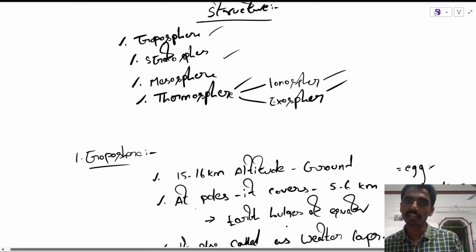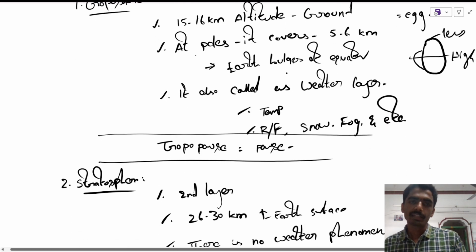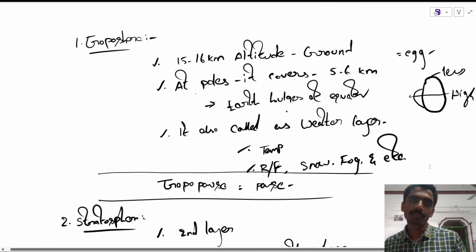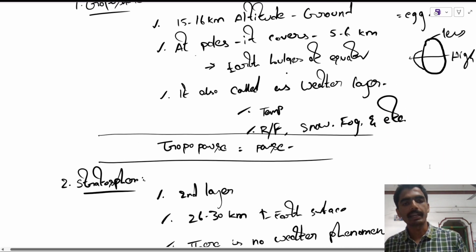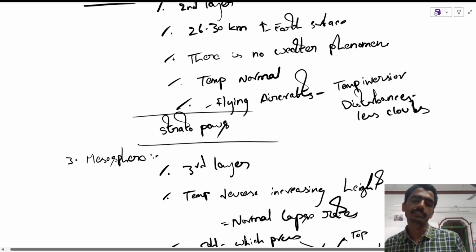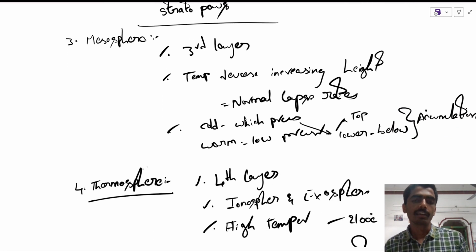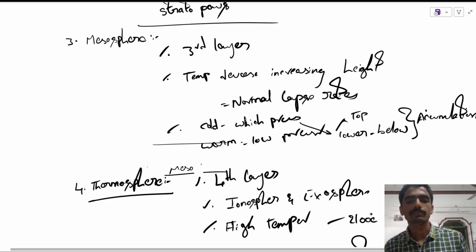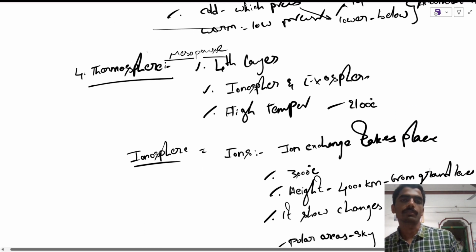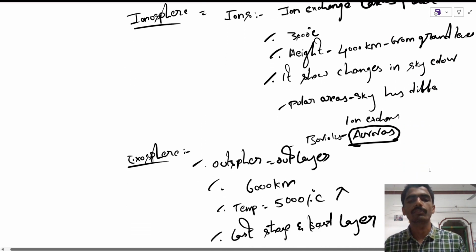Then coming to the structure, tropo, strato and meso. The tropopause was the intermediate layer between the troposphere and stratosphere, the stratopause was the intermediate layer between the stratosphere and mesosphere, and here there was the mesopause, also an intermediate layer. These were the intermediate layers, like barriers of the spheres.